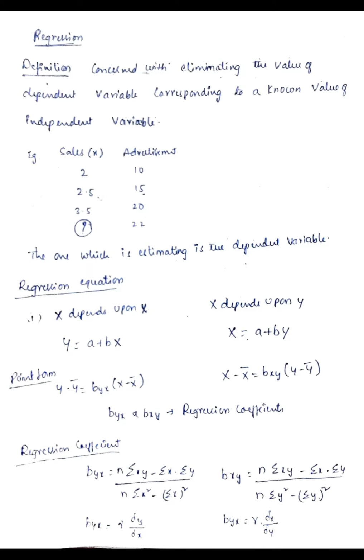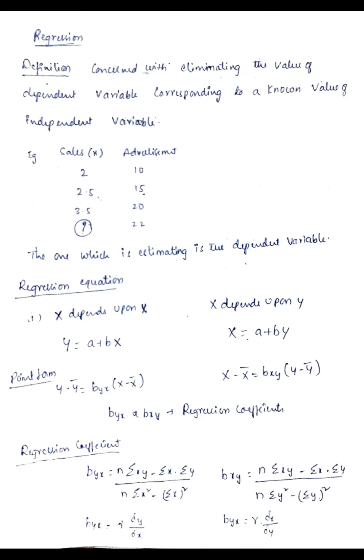And for 22 lakhs advertisement, how much sales will be done? That is regression. That means we are estimating the value of the dependent variable corresponding to a known value of the independent variable. Clear? Estimating a dependent variable is known as regression.